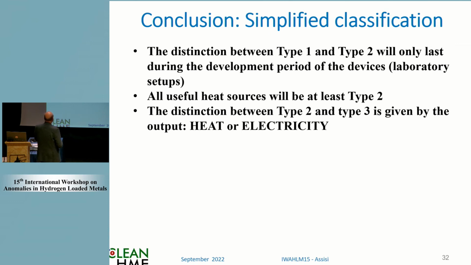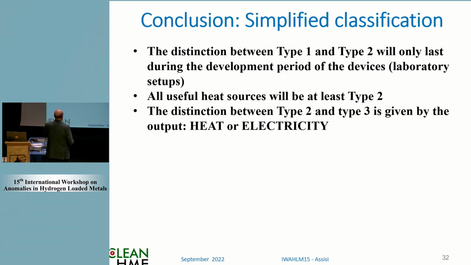Conclusion, we can make a distinction between type 1 and type 2, as long as we are talking about lab rats and laboratory experiments, because the type 1 are small things we have to heat. But all useful heat sources, of course, delivering heat will probably not have to be heated. You know, if we tell a customer we are going to give you heat provided you heat it up, it's hard to sell.